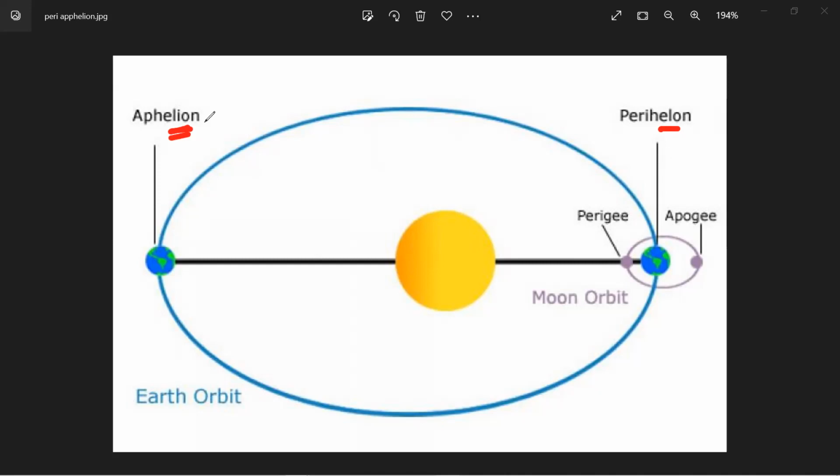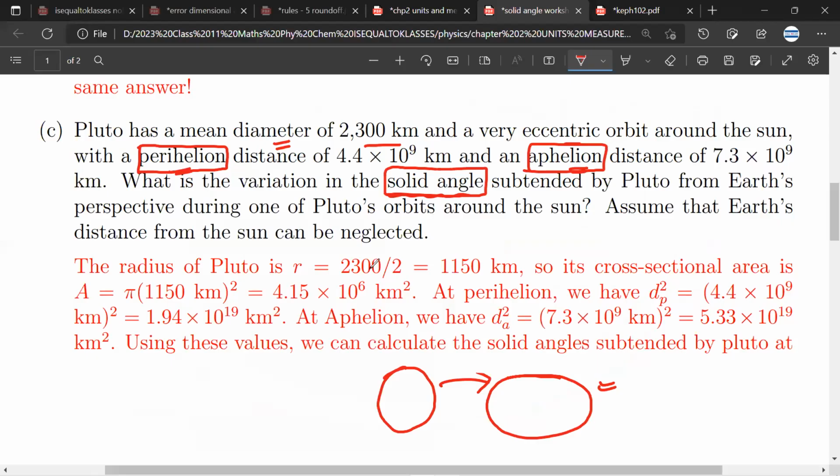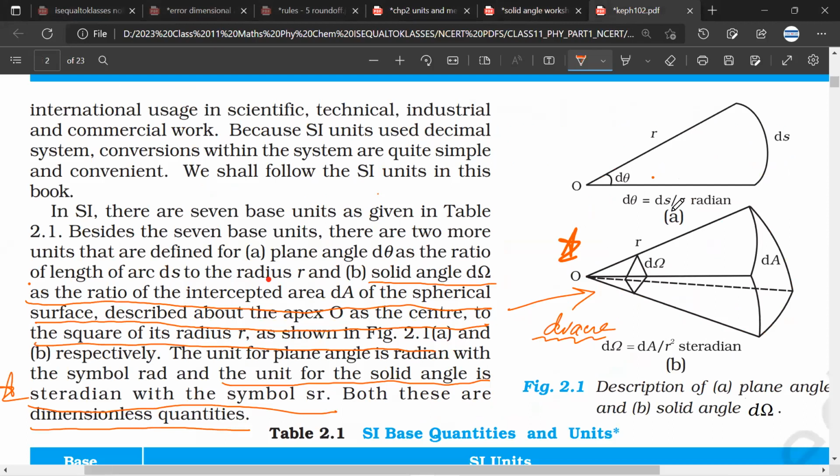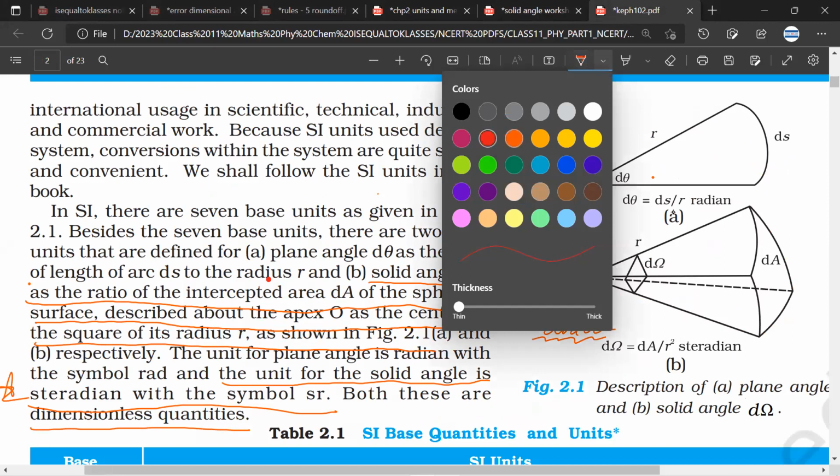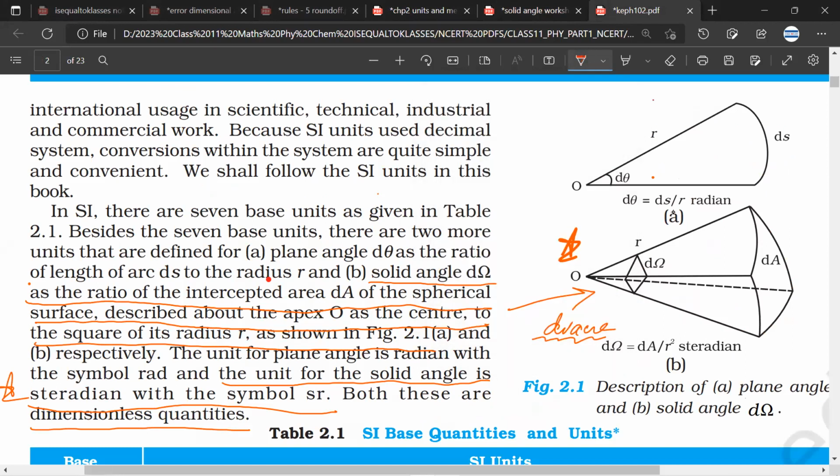Now let us look at the definition of the solid angle. This is how solid angles look. The definition of solid angle is very similar to the definition of the plane angle.